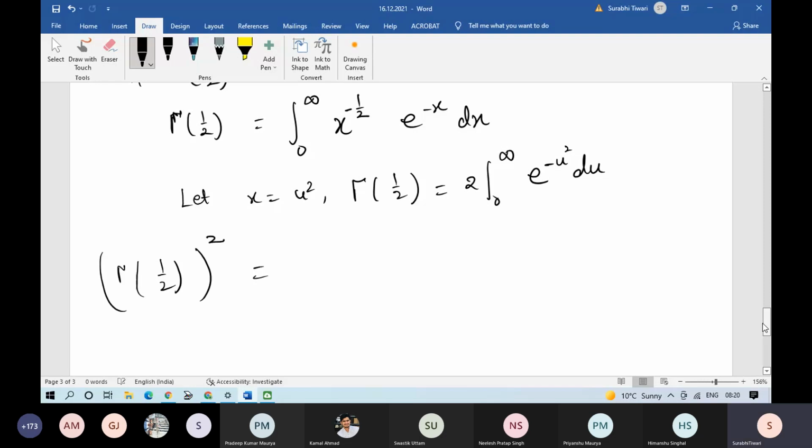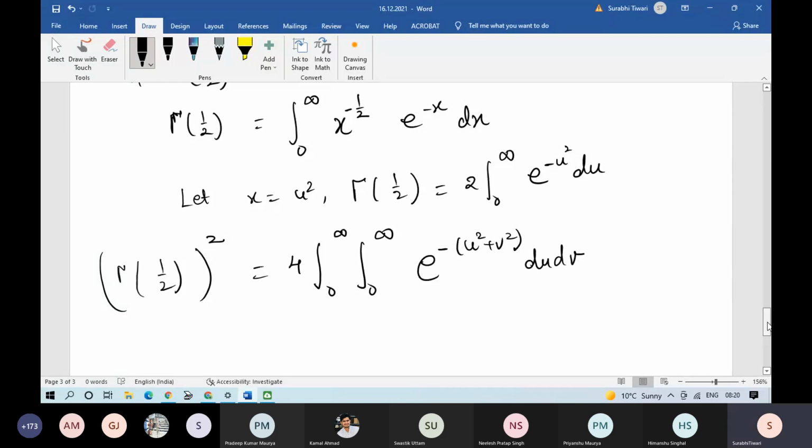This will be gamma half into gamma half. So this will be 4 into 0 to infinity, 0 to infinity, e raised to the power of minus u square plus v square du dv.